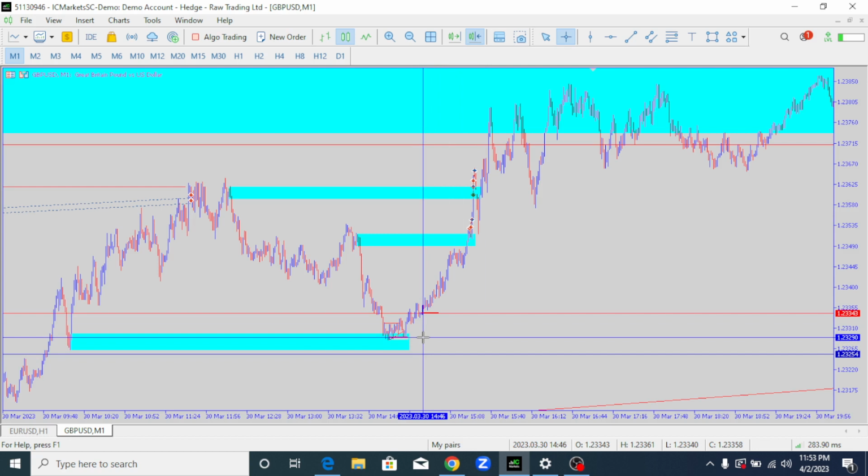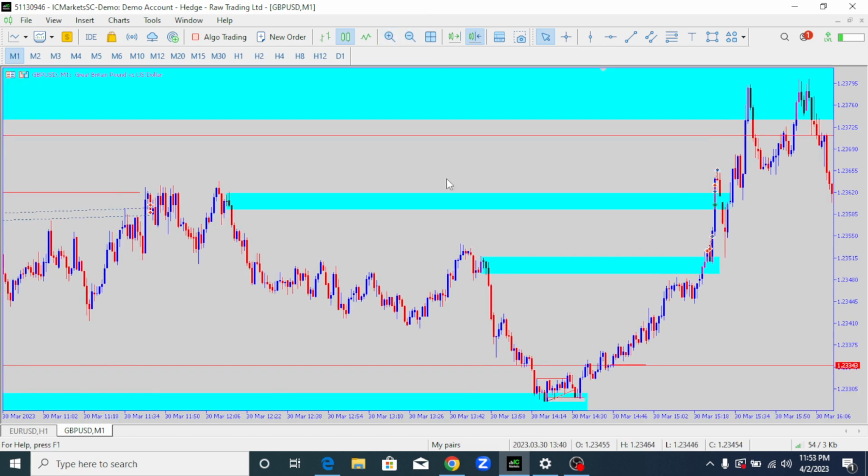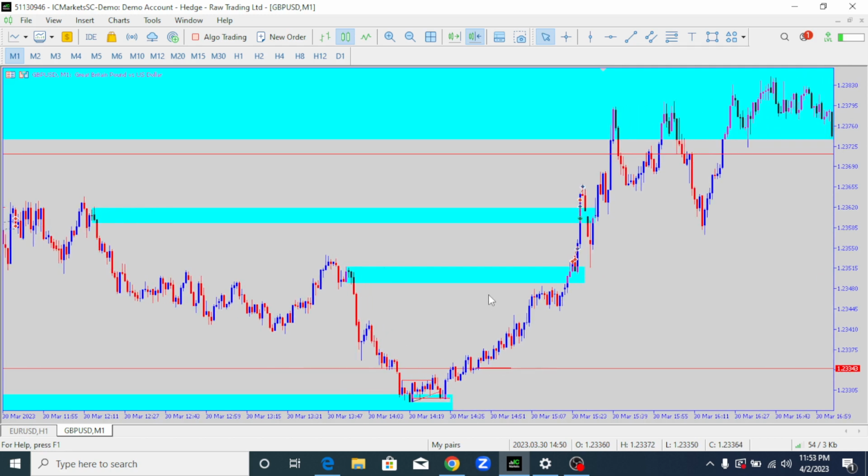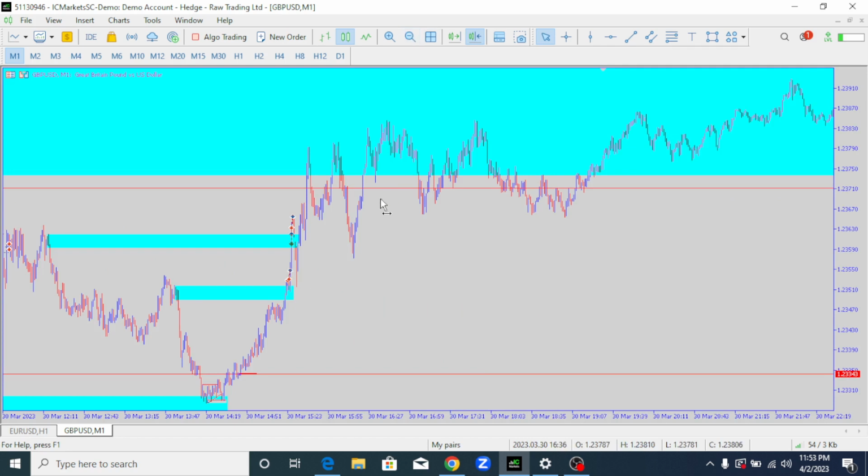And from this point, the price, with just 20 pips, but I had 1:28 risk to reward. It was amazing. It was amazing to actually see.